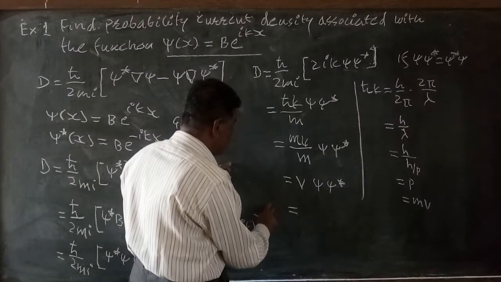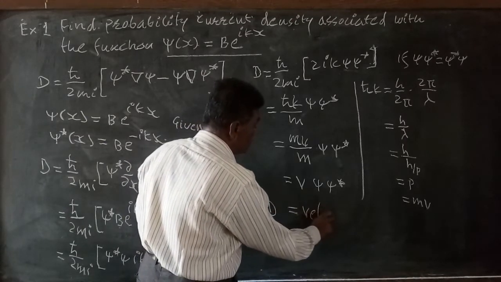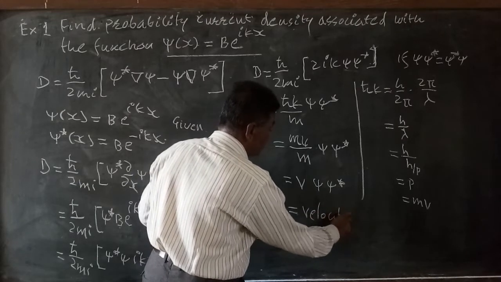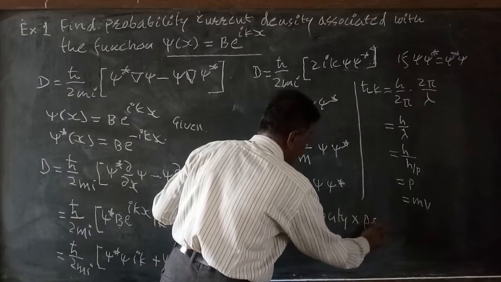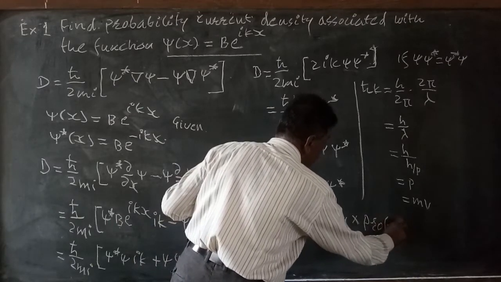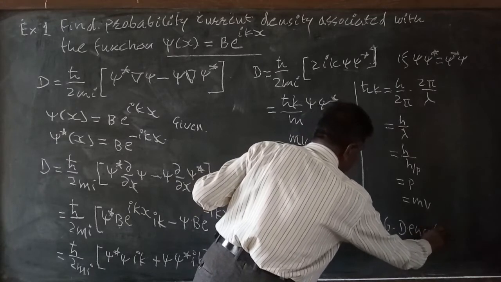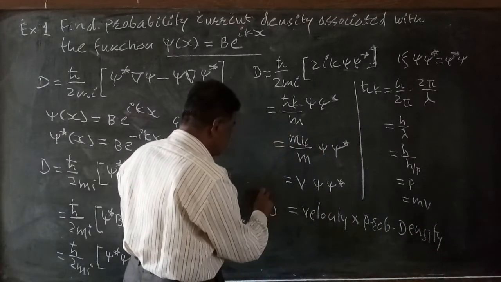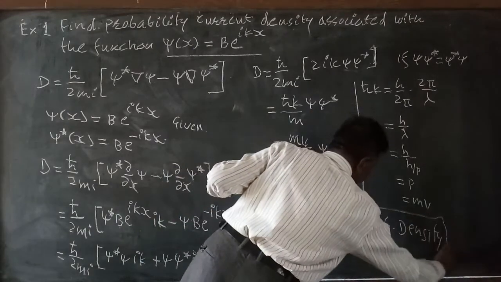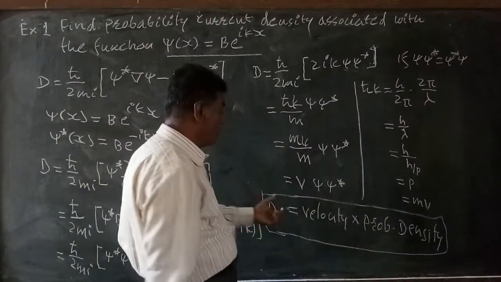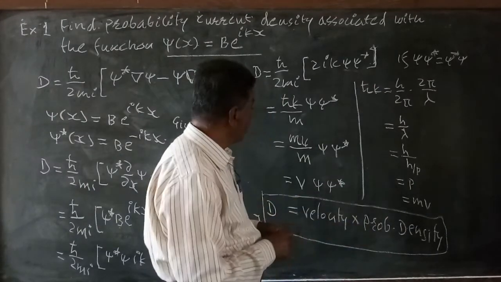So the probability current density is found to be equal to the product of the velocity of the particle into the probability density. The probability current density is defined as the product of the velocity of the particle and the probability density of the particle.